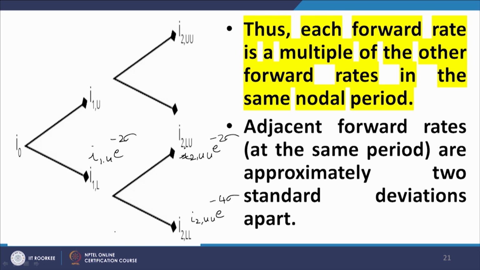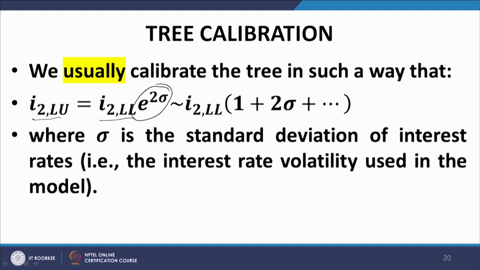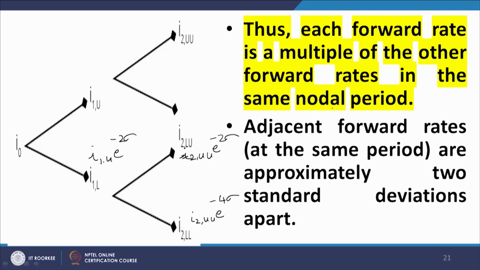As you can see here, approximately 2 standard deviations, because you can expand this as 1 plus 2 sigma. So, to the first lowest order they would be 2 sigma apart, although more precisely they would be multiples of e to the power 2 sigma. Any two adjacent values, as you can see here in this diagram also, would be multiples of e to the power 2 sigma.